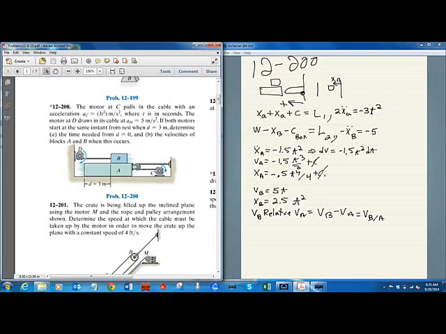Here's what I'm going to do. I want to stand on A and look at the position of B. So I want B relative to A. How do you think I'm going to do that? I'm going to take XB minus XA. So position of B relative to A is XB, what's XB?